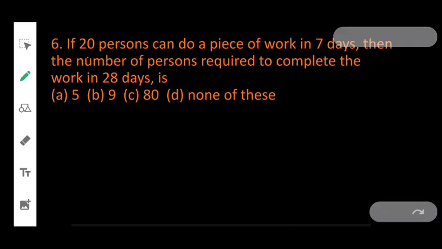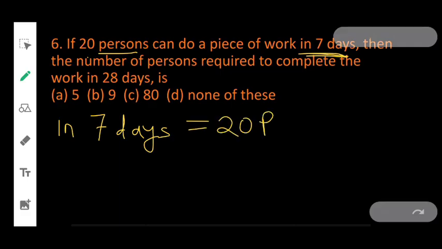So 20 persons can do a piece of work in 7 days. So if you increase the number of person, then obviously the same work will be done in less days. Okay, so this is inverse variation. So in 7 days, a piece of work can be done by 20 persons.